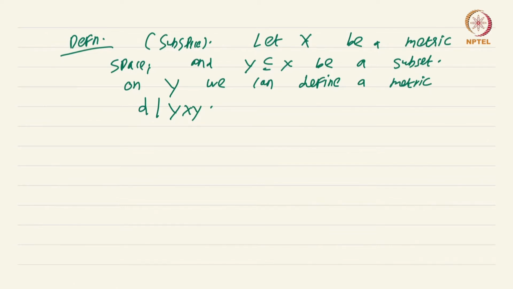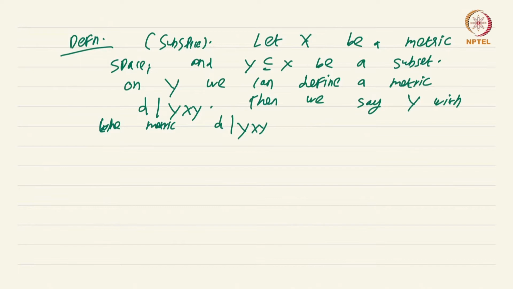You have this function d which is defined on X times X to R. We can restrict it to this product Y cross Y. Then we say Y with the metric is a subspace of X. The fact that this is going to be a metric is obvious.